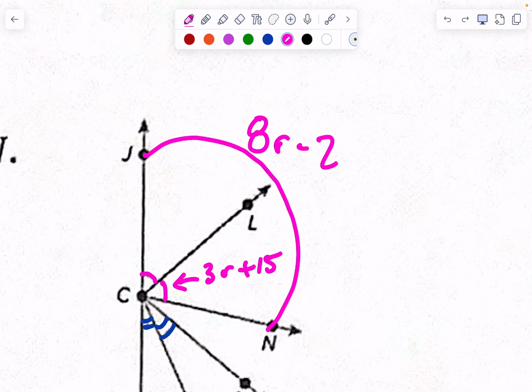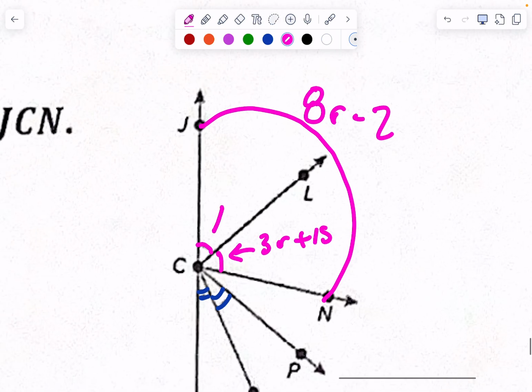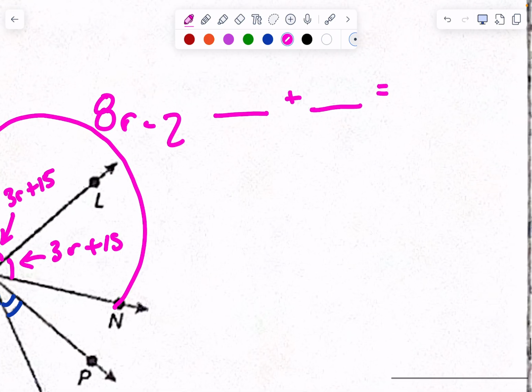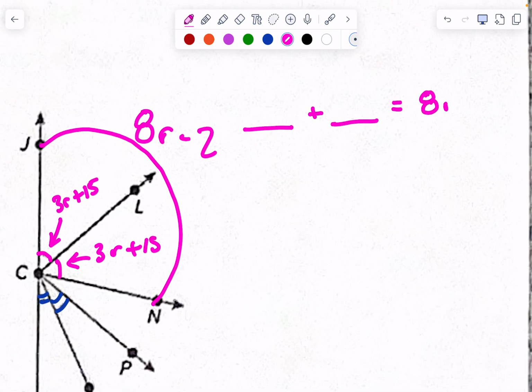What do we know, though? The 3R plus 15 goes on the other one? Yeah, this one's 3R plus 15 also, right? Did we just say that those two are the same? Okay, now what do I know? If you add those two together, they end up equaling the total, right? What's the total? 8R minus 2, right? So if I do a 3R plus 15 plus another 3R plus 15, those two little bits add up to be the 8R minus 2.